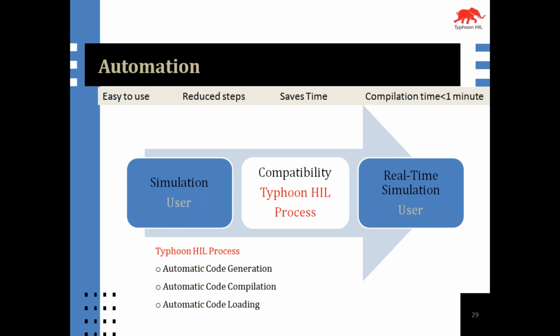It is very user friendly, and you can have a better experience because most of the part is done automatically by the Typhoon HIL processor. Also, you have the flexibility of using different things here. When you go through the libraries, you will have a better experience.